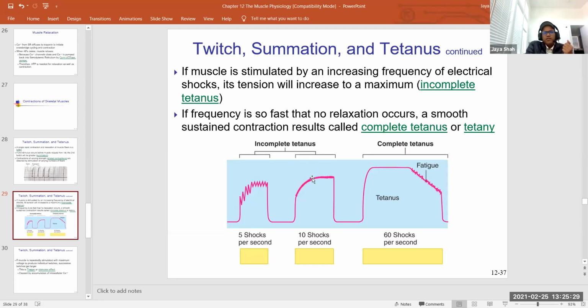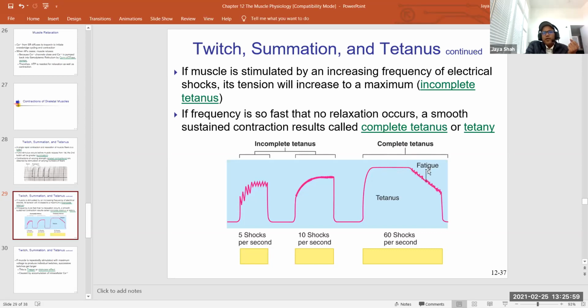And this is called incomplete tetanus. A single one we call a twitch. A single and then a next bigger one is summation. And now, if you increase the shocks to 60 shocks per second, it becomes sustained muscle contraction. This is called complete tetanus.